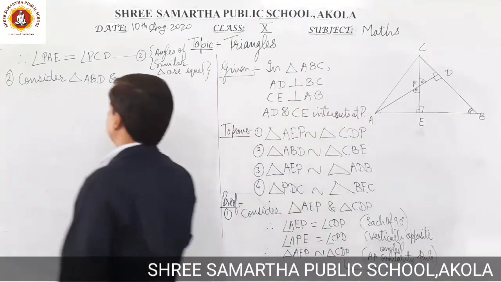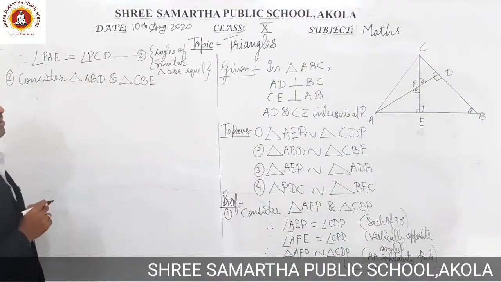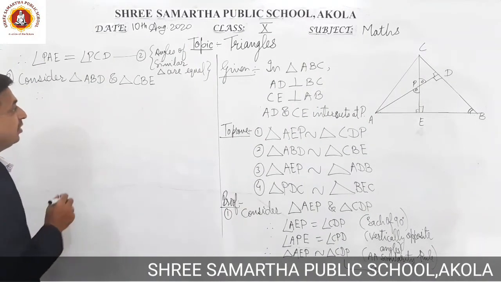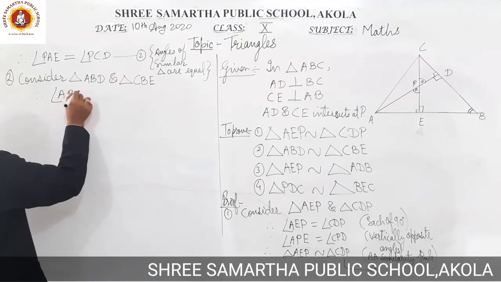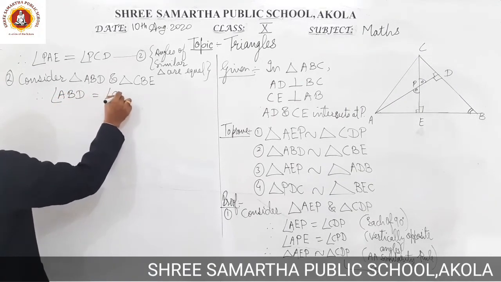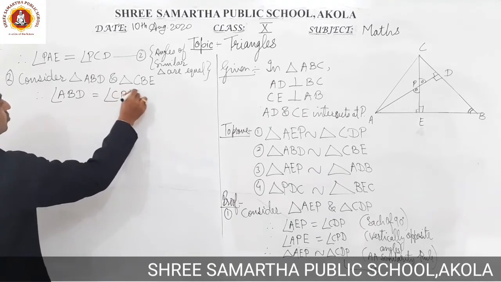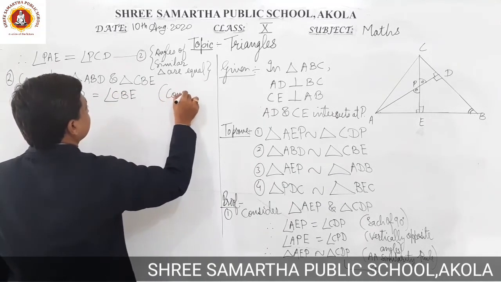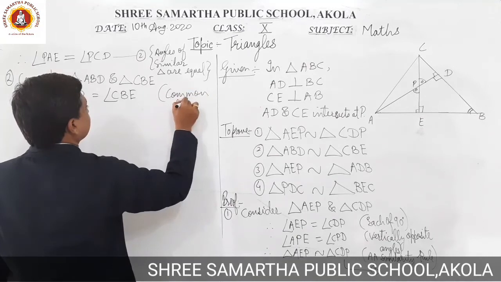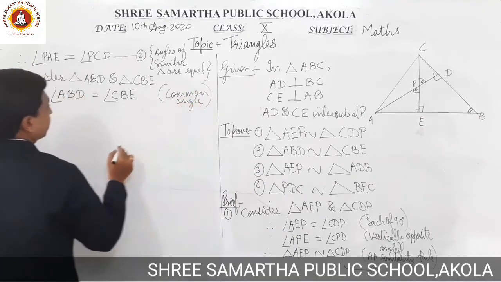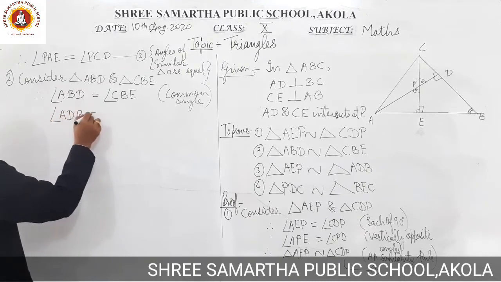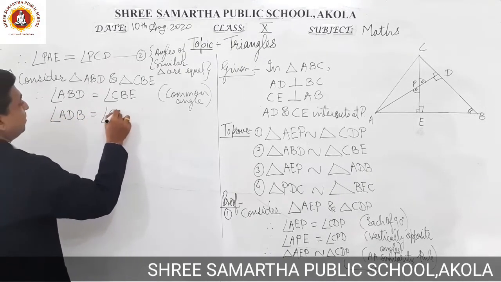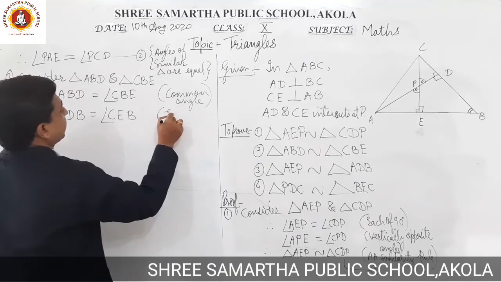So these two angles are equal, therefore these two triangles will be similar by AA similarity rule. Angle ABD is equal to angle CBE, common angle. Second, angle ADB is equal to angle CEB, each of 90.